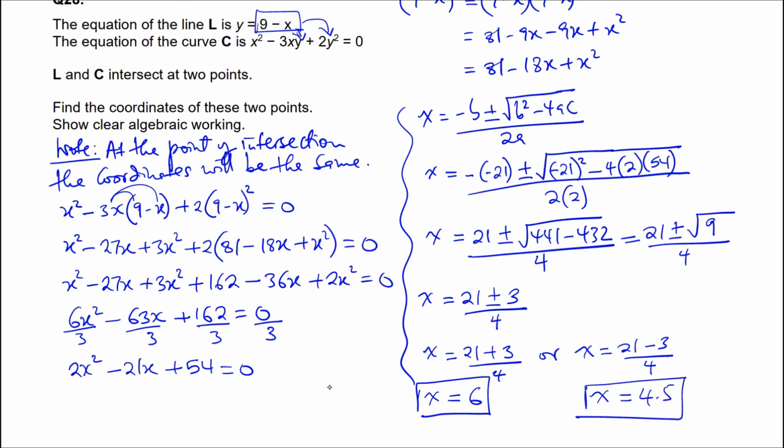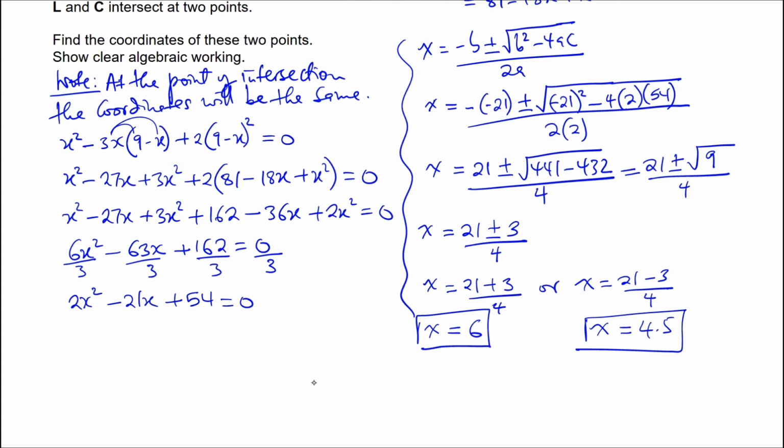Okay, so we have the x coordinates and we can work out the corresponding y coordinates. So at x equal to 6, y will be equal to 9 minus 6, which is 3. So basically y will be equal to 3.